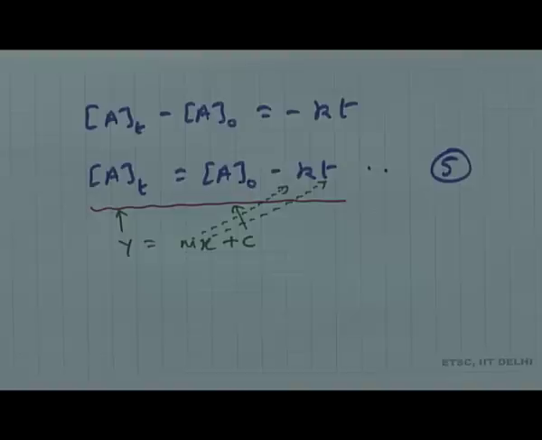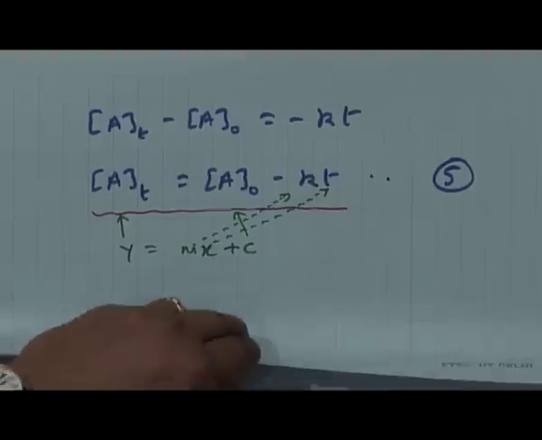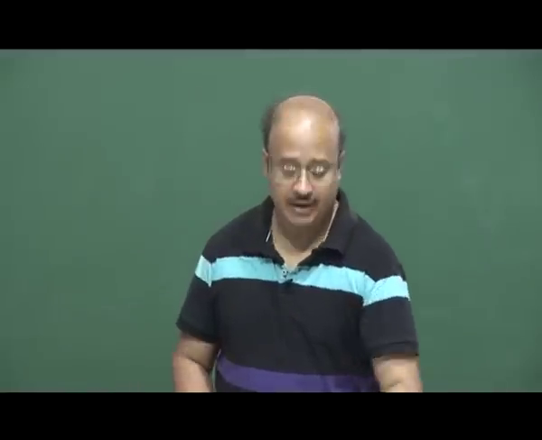What does this mean? What it means is that if you plot the concentration of A at a given time against time, you will get a straight line, because this is an equation of the type y is equal to mx plus c, and the plot would have a negative slope, because your slope in this case is minus k.